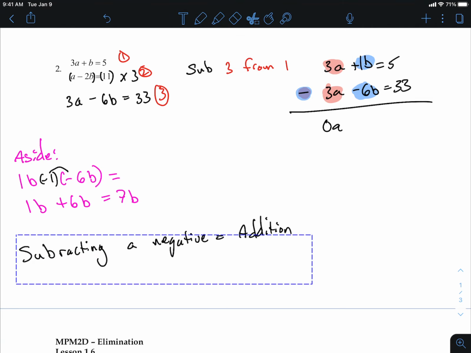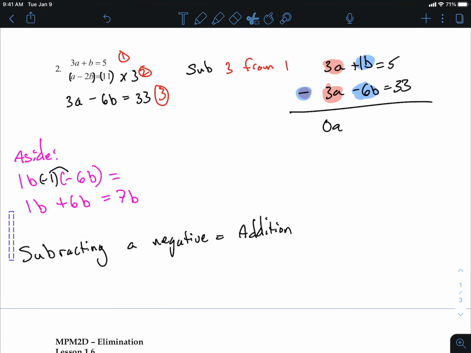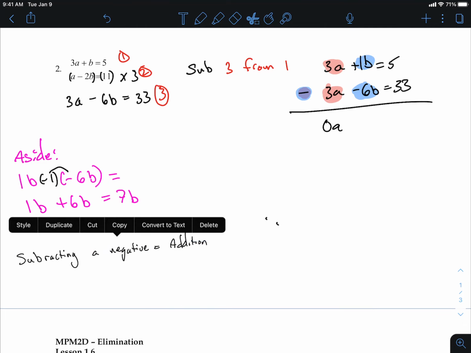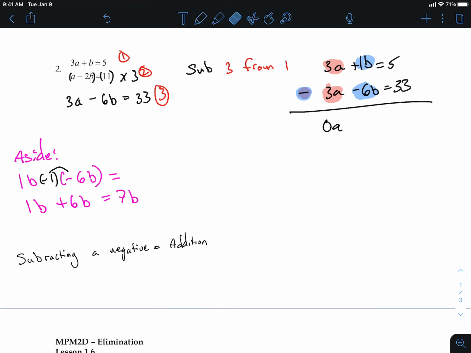I'm going to try and save some space here. Okay? So I've got 0a, and then we've determined that 7b is from 1b minus a negative 6, right? So plus 7b.